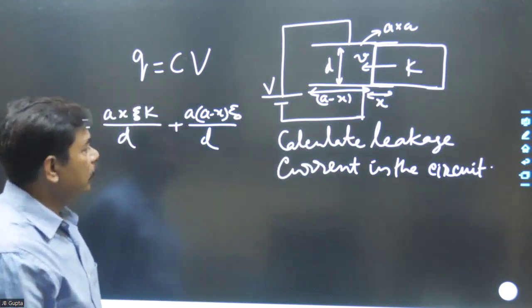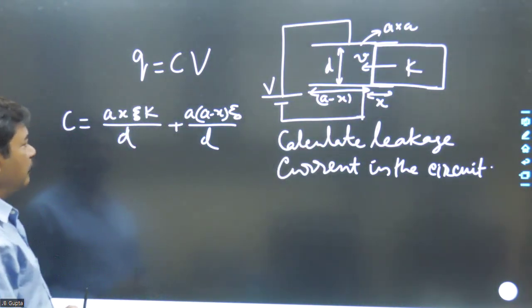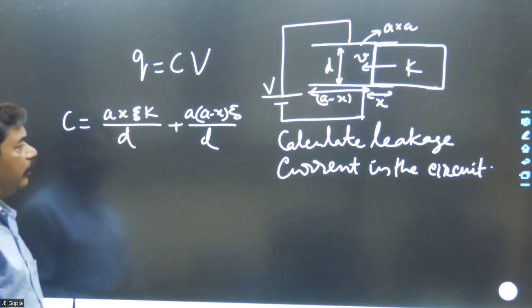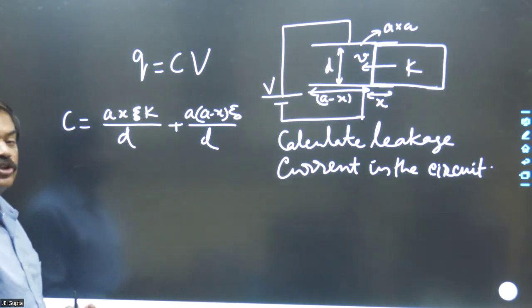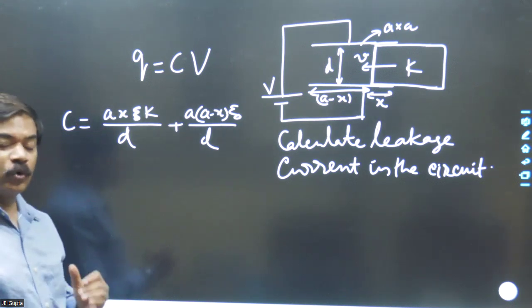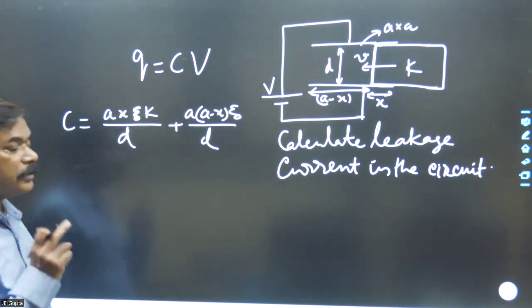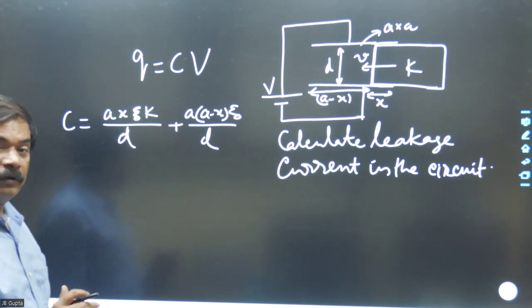So the total capacity C becomes A x epsilon naught K by D plus A into (A minus x) epsilon naught by D.